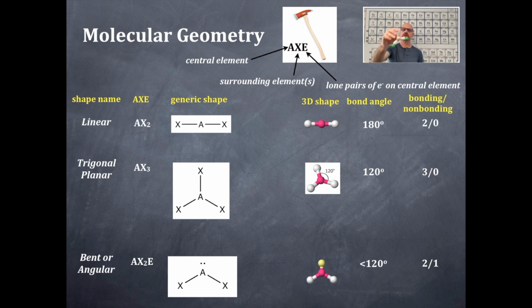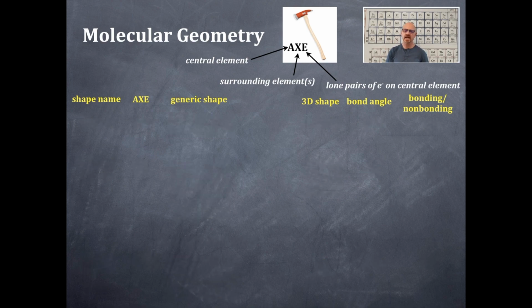Okay, but the generic structure is A for the central element, X2 for the elements on the outside attached to the central element, and E for the lone pair of electrons. Okay, hopefully that worked for you. You notice that E for the lone pair of electrons, and I've kind of highlighted it in that picture. Okay, we'll talk about polarity another time, but this angular or bent structure is always polar.